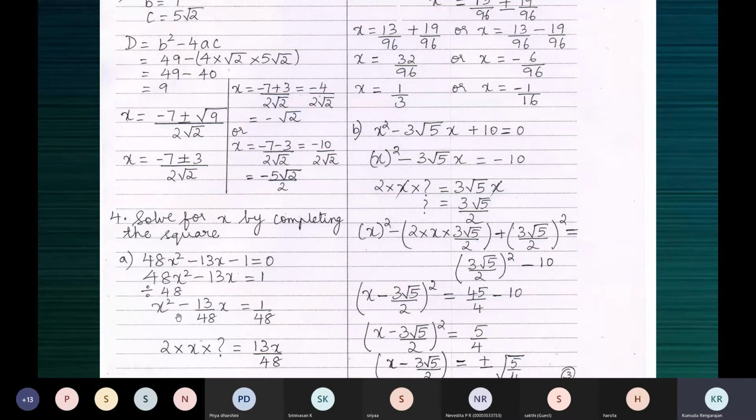Okay, now this is the 2pq term, or the 2xy term, 2ab term, whatever. This is that term. So this one has 2 into x the whole square, right? This is x the whole square. Now if you look at this as 2xy, there is 2 there.